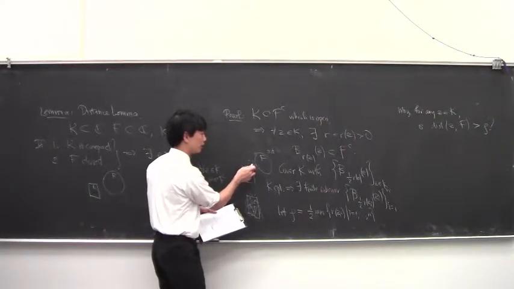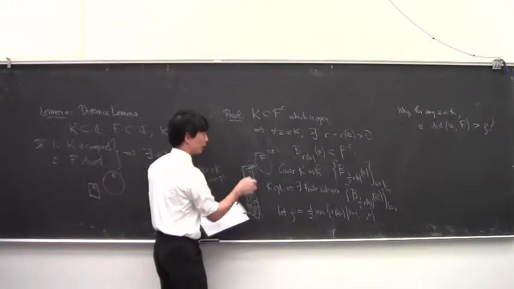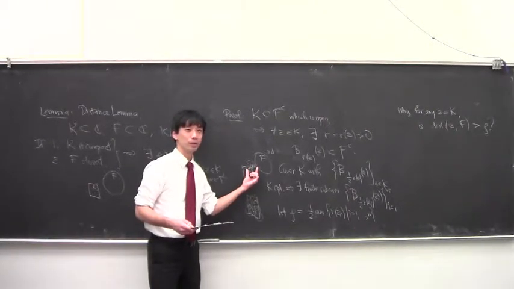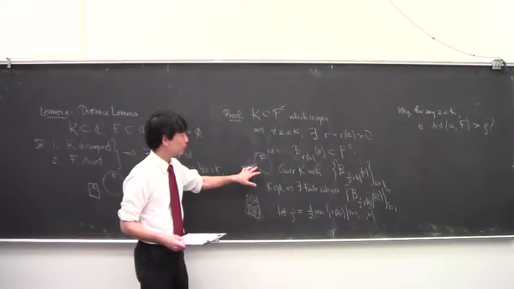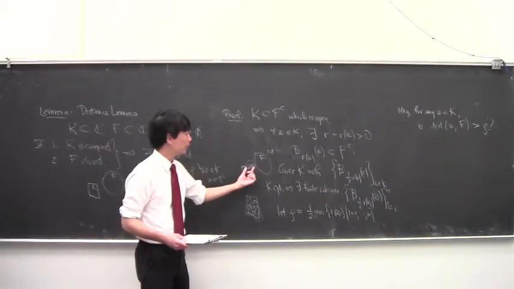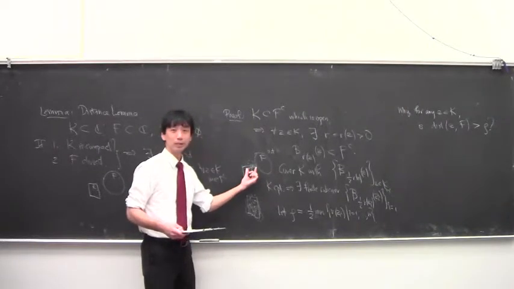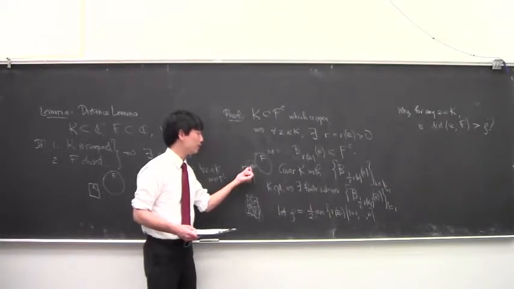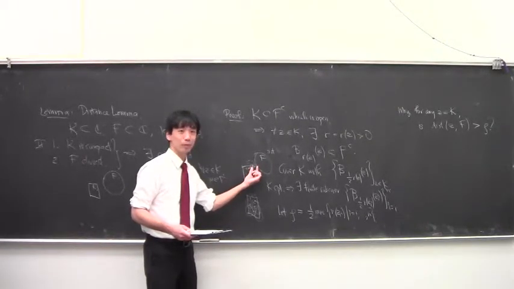But even if it's there, its distance to F is more than half this length here, which is rho. What rho would be half this distance? And then, z being inside the half ball means that z's distance to F is greater than half the radius.